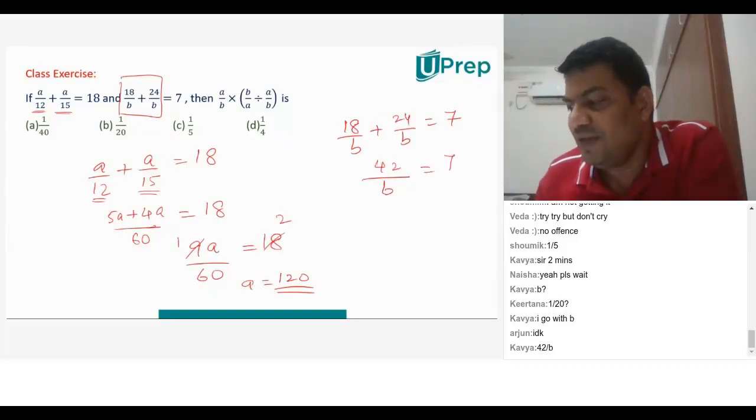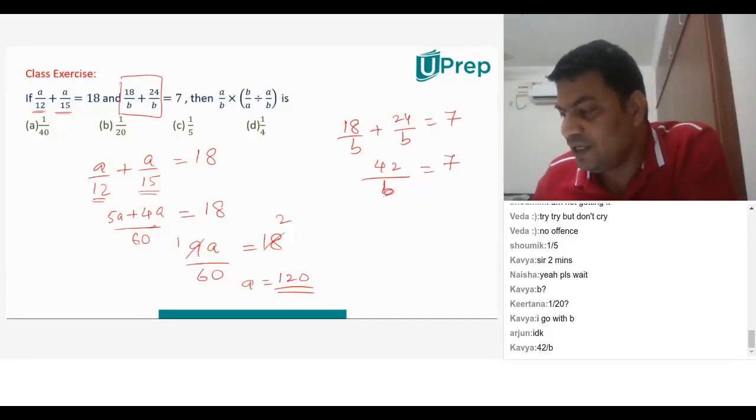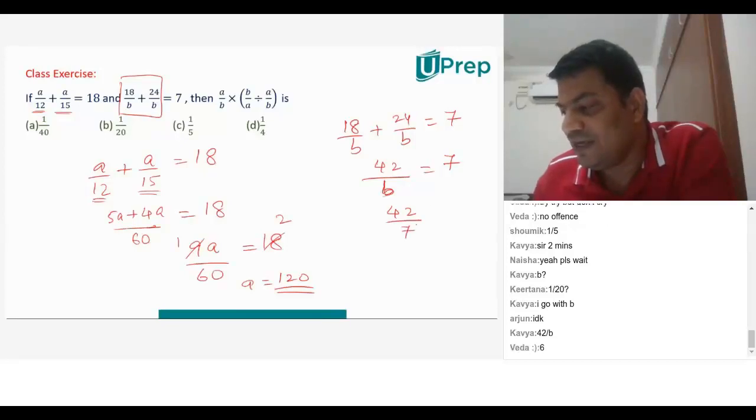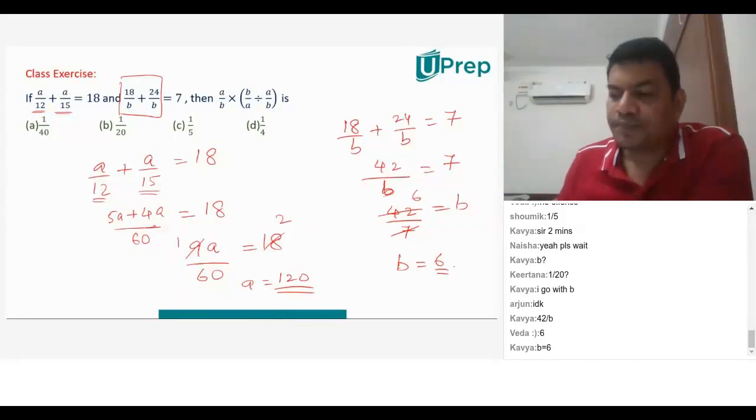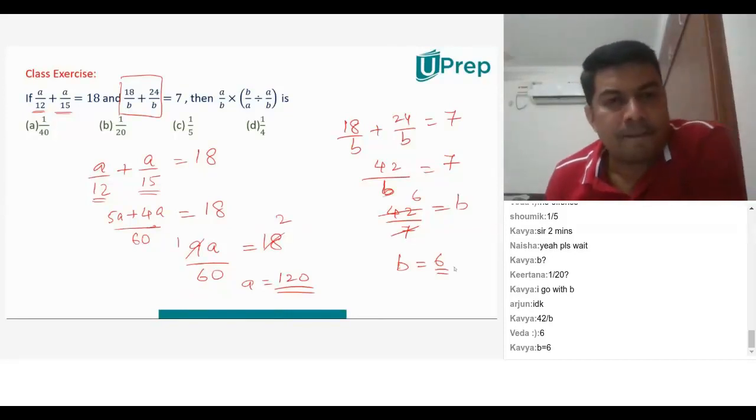So that should be equal to 7. Therefore B goes there and 7 comes here. It is 42 by 7 equal to B. 7 sixes are 42, so B is equal to 6.